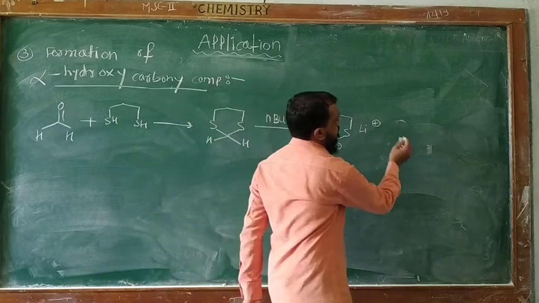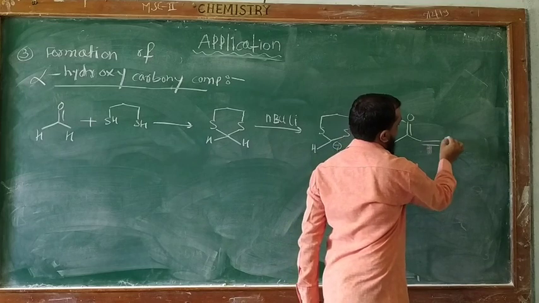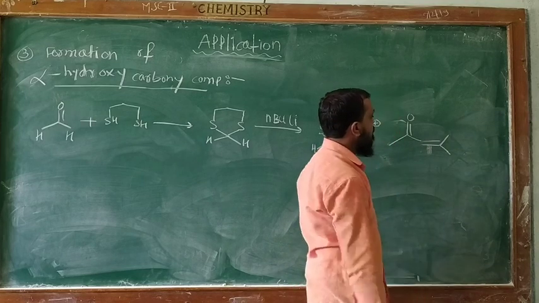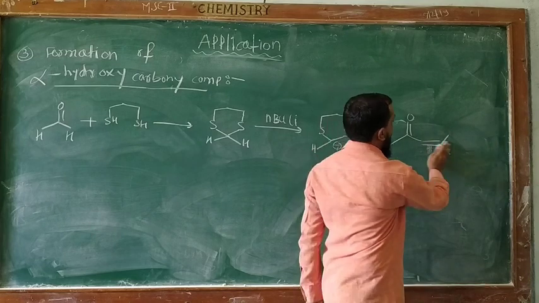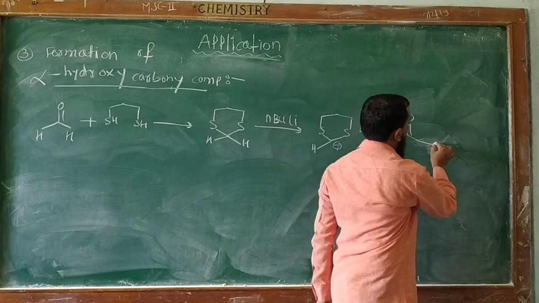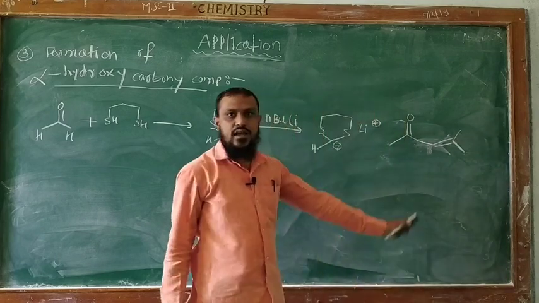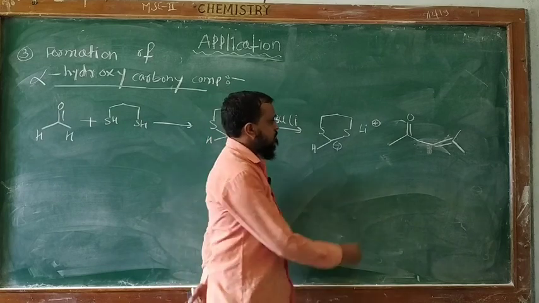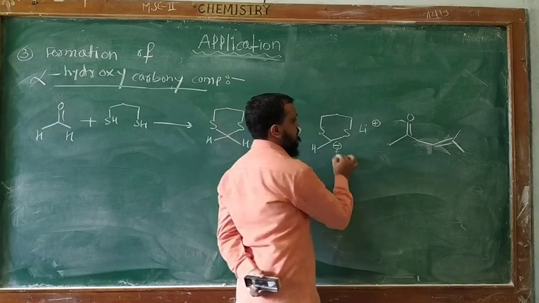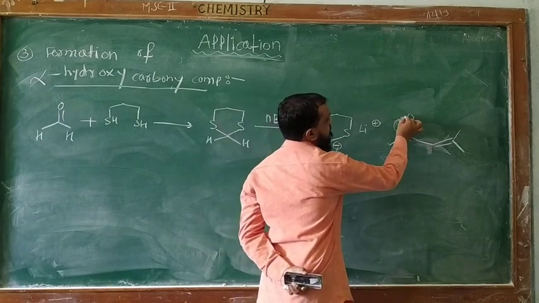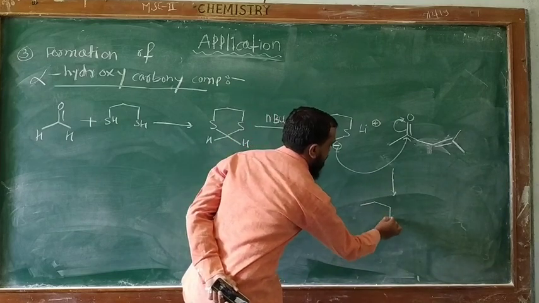After that, this lithiated salt is treated with this aldehyde. Okay, so what will happen here? This negative charge of lithiated salt attacks this carbonyl compound, due to which this pi bond shifted toward the oxygen, and we will get this type of intermediate product.